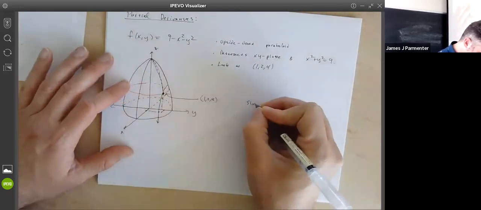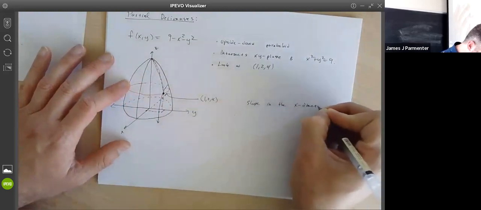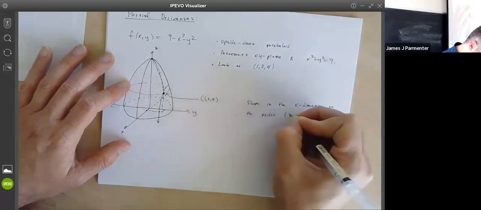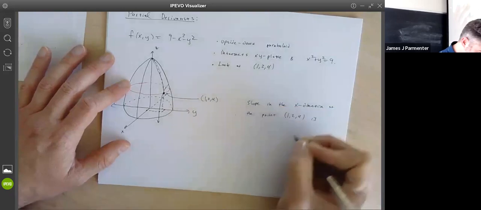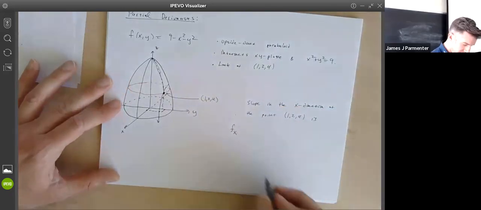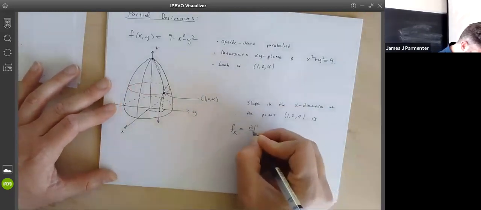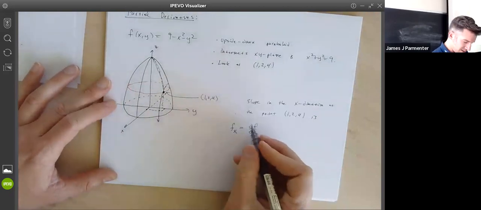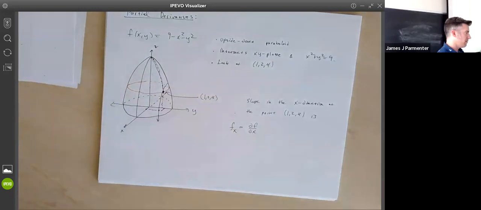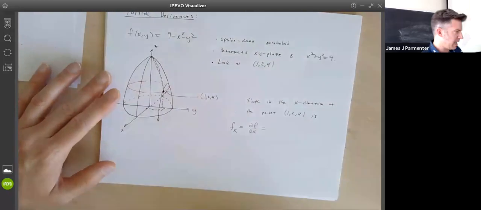Well, the slope in the X direction at the point 1, 2, 4 is going to be, well, I'm going to find the partial derivative with respect to X. And you can write it this way. You can also write it this way. So F sub X or del F del X. Those are del's, not D's. They're a little curlier. If you draw them as D's, no one's going to care. Probably. Just make it ambiguous.